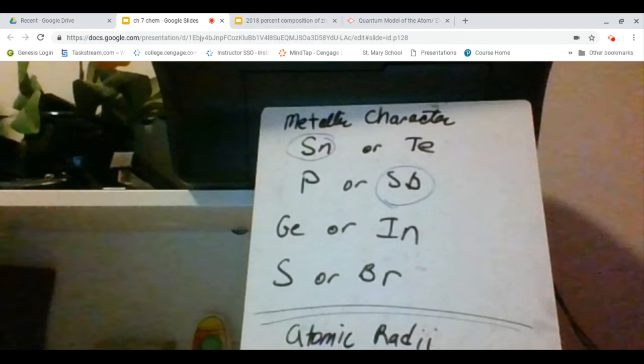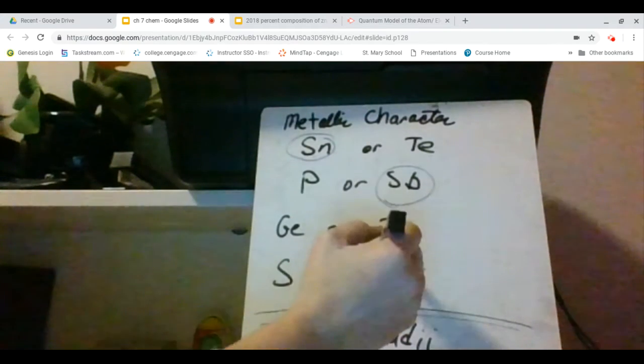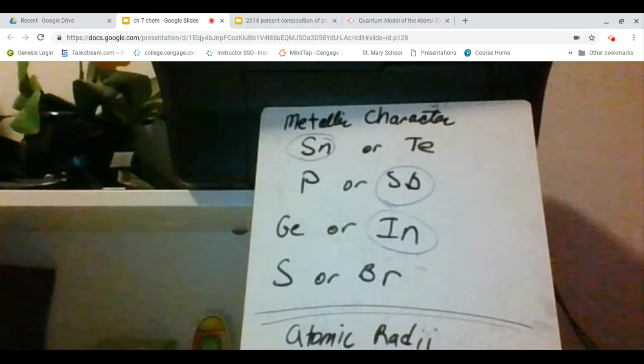Indium is more metallic because you are moving down the column and you're also moving left. Both of those lead to an increase in metallic character. But if you look at sulfur or bromine, based on trends alone, we really can't tell because it's like the example that we just did for ionization energy. The effects tend to counter each other, so we really can't tell which is going to predominate.